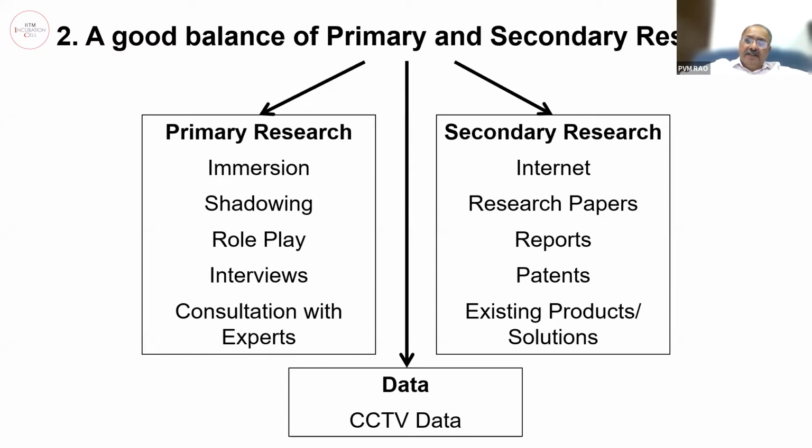This may not be reported as secondary research. This is not something I am going to observe, but I can get this data where CCTV data is available. These also become sources. So I would like to use as many sources as possible and understand the problem from all aspects. So far, we have not talked about a solution.